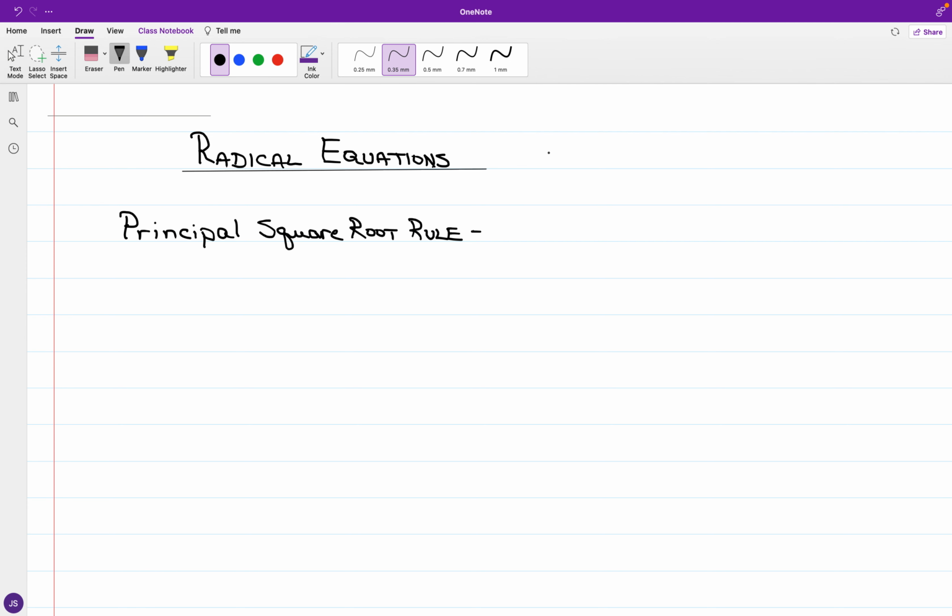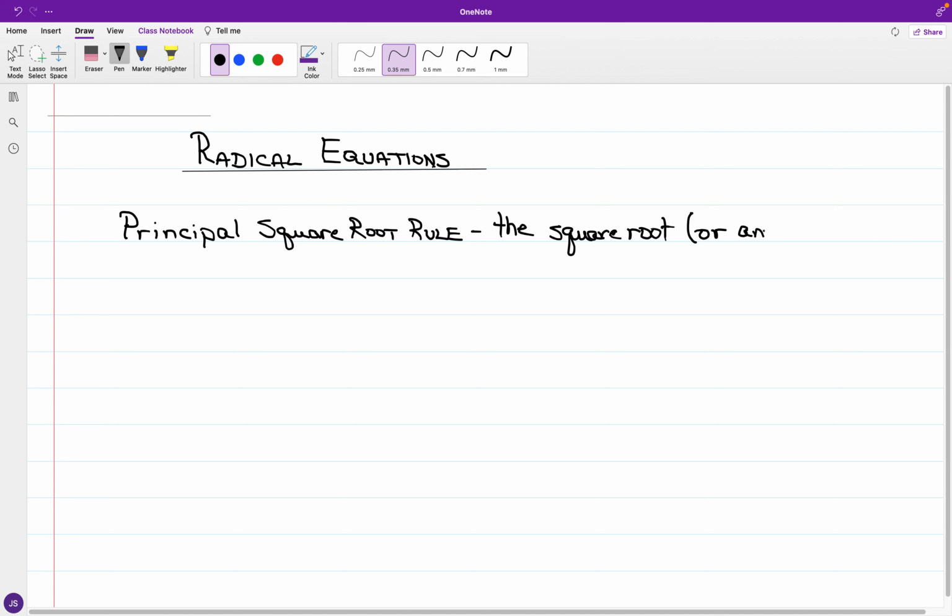For the principal square root rule, this is going to state that the square root, and while it is named the principal square root rule, this rule applies to even roots, period. So the square root or any even roots.